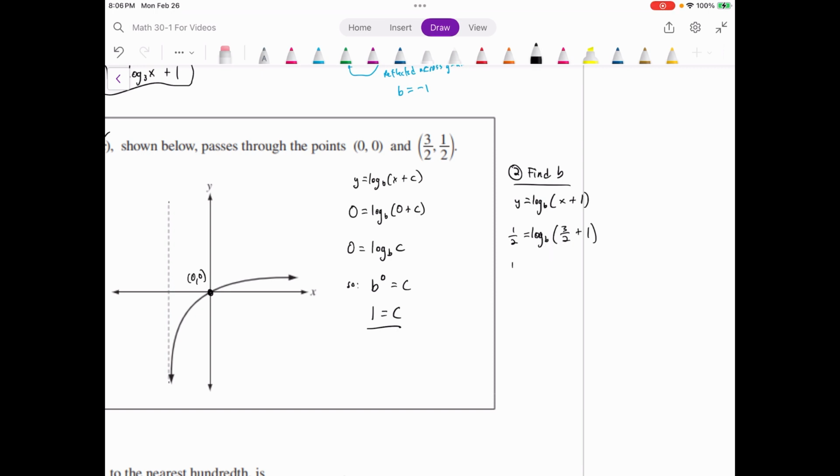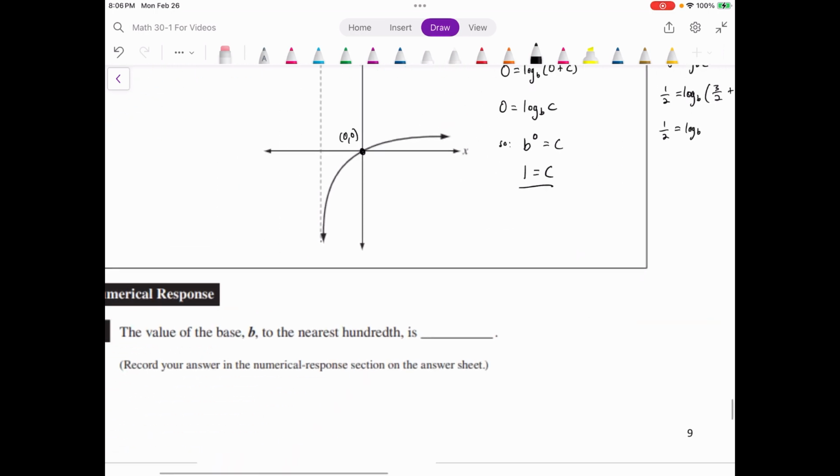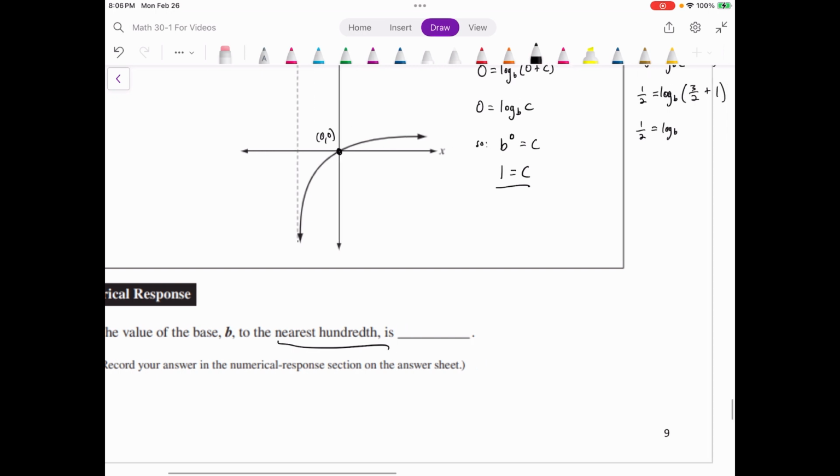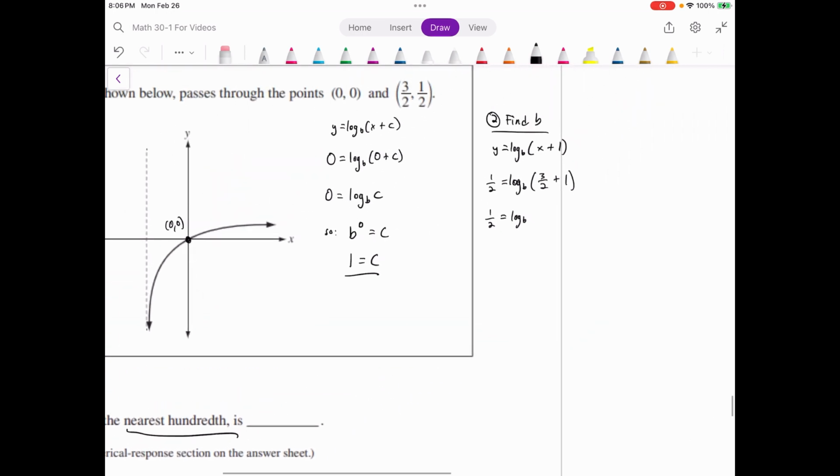So this means we've got 1/2 equals log base b. Since we're going to the nearest hundredth, I might just work in decimals here. Actually, no, I'll leave it in fractions. Let's not shy away from fractions. So 3/2 plus 1, getting a common denominator, multiply 1 by 2/2.